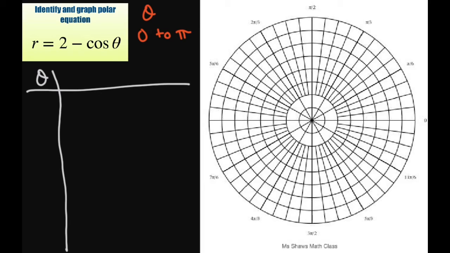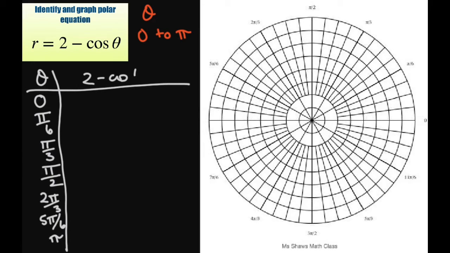Let's start with 0 and go to pi: 0, pi divided by 6, pi divided by 3, pi divided by 2, 2 pi divided by 3, 5 pi divided by 6, and then pi. Our equation is 2 minus cosine of theta.